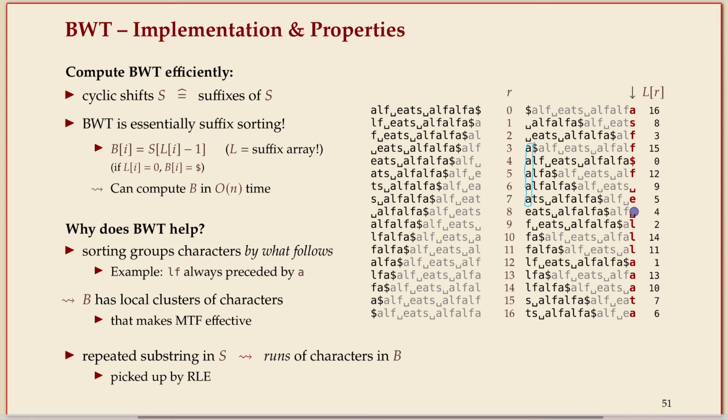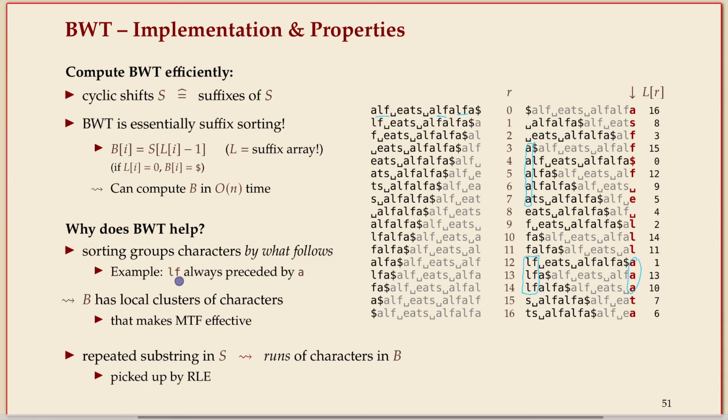Or more generally, you can have several characters, like LF appears 3 times. If you look in the text, LF, LF, LF, and the character before this LF is always A. And that's why you get 3 A's in the BWT right here. All these A's are followed by LF, and the LFs mean they are grouped together.